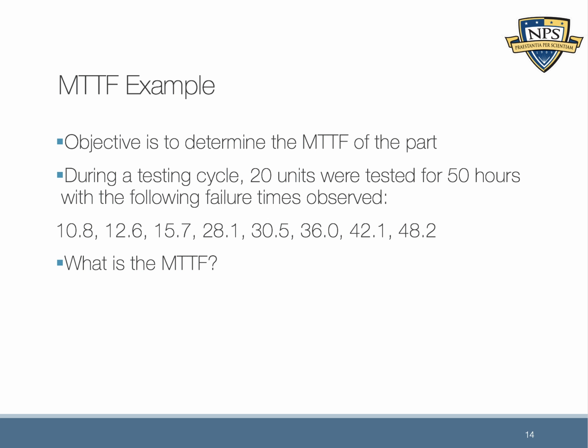One of the units, for example, was tested for 10.8 hours, and at 10.8 hours, it failed. The balance of the 20 units, which is 12-ish, successfully completed the 50 hours. So 8 out of 20 failed prematurely with these values, and the rest went for the full time.